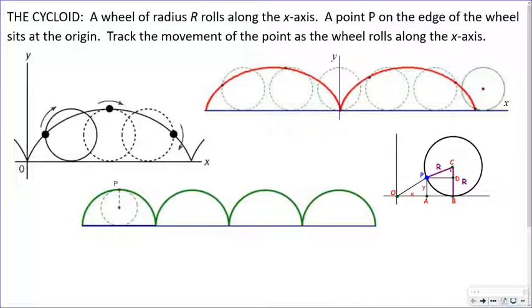We're going to have x of t, and x of t is going to give the horizontal position of point P, and y of t is going to give the vertical position of point P. And y of t and x of t will be measured from the origin.